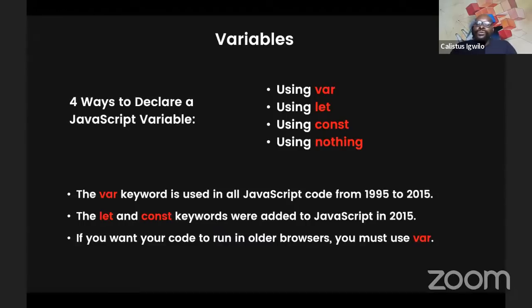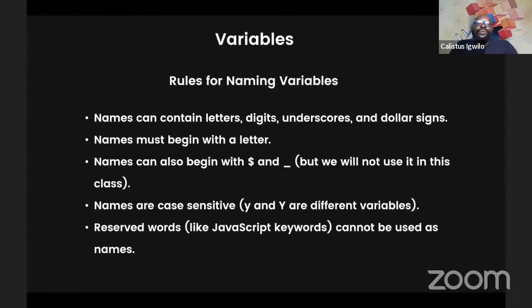Now, there are rules in naming variables. There are some rules you have to observe when naming variables. Number one, names can contain letters, digits, underscores, and dollar signs. So you can have digits, underscores, and dollar signs in a name. They're all okay.